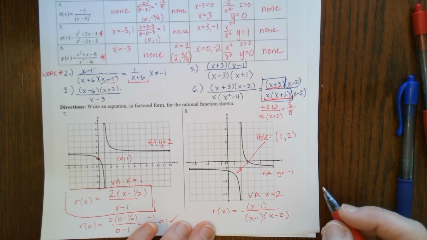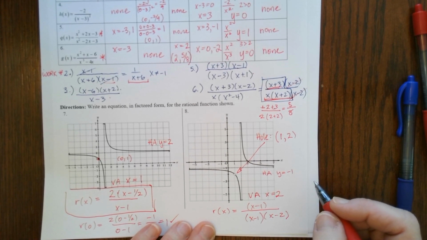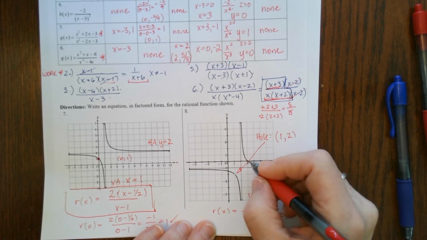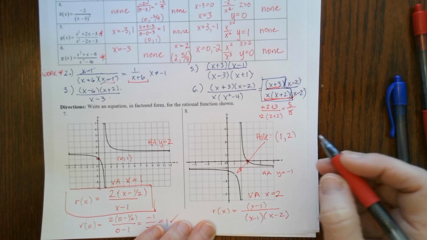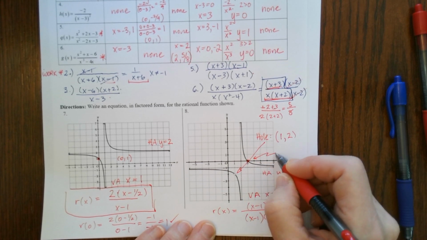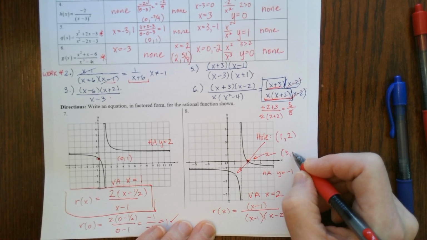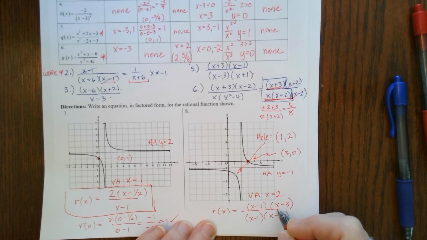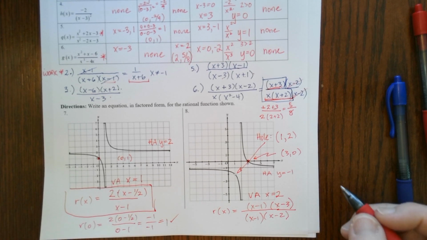We need to have the same degree, and we also need a point of 3 comma 0, so we could have x minus 3 in the numerator. Okay, we're almost set.